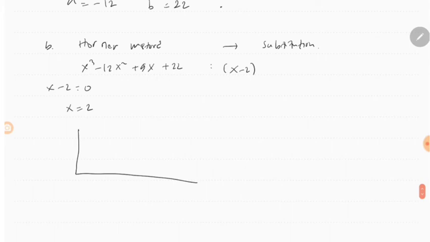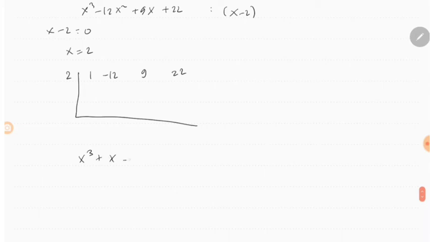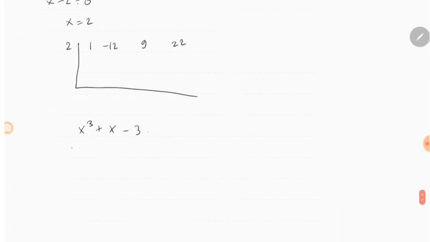So this is the Horner method. You put 2 here, and the coefficient of x cubed is 1, the coefficient of x squared is negative 12, the coefficient of x is 9, and the coefficient of x to the power 0 is 22. Be careful when you use the Horner method. Sometimes the equation looks like this: x cubed plus x minus 3. The coefficient of x to the power of 3 is 1, but what about x to the power of 2?